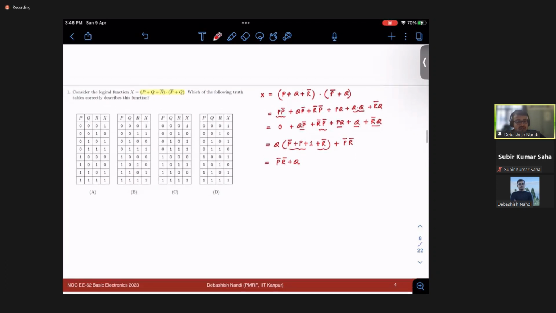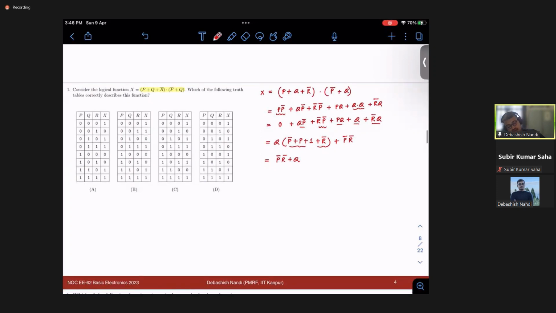Now you have to check how this is getting satisfied. So you have P, Q, R, and let's say this is your X. What are the possibilities? 0 0 0, 0 0 1, 0 1 0, 0 1 1, 1 0 0, 1 0 1, 1 1 0, 1 1 1.